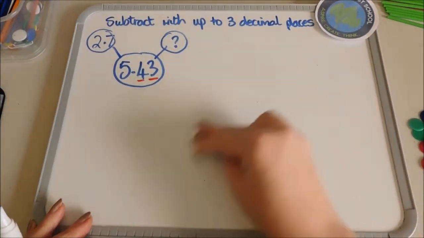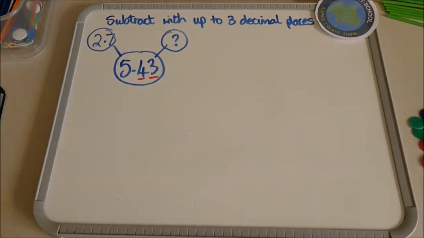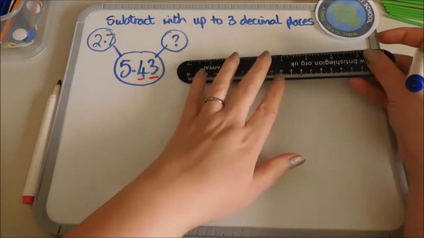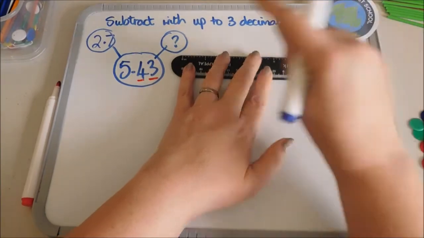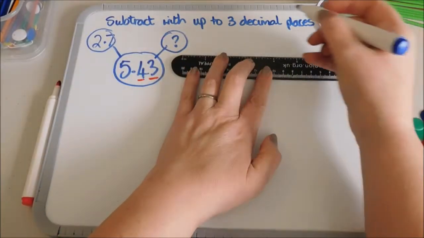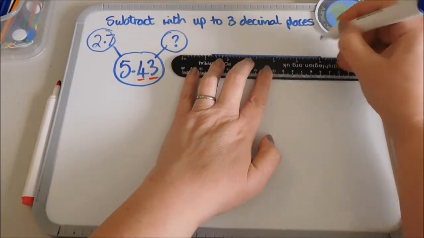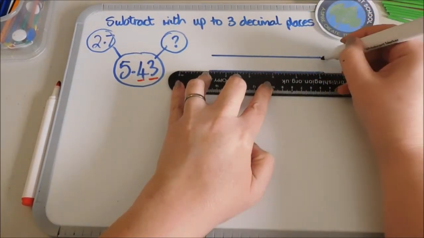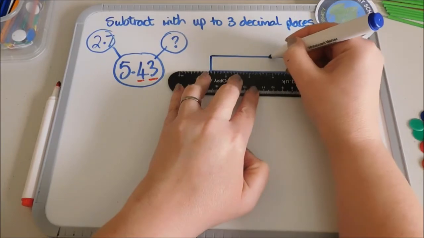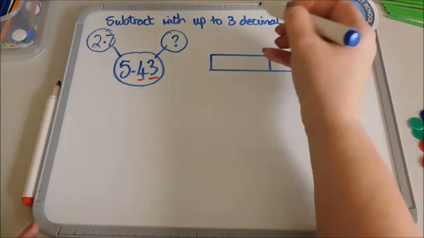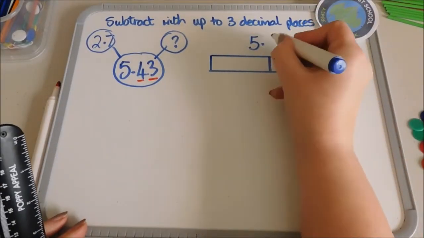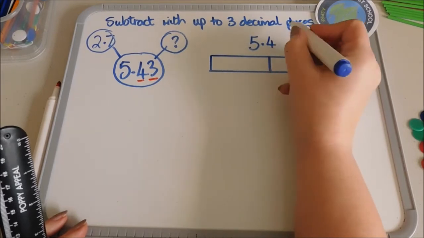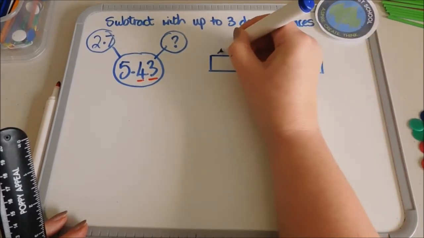5.43. Okay, now children could be shown this number in a variety of ways. One of the ways that they could be shown this is as a part whole model. They can also be shown it as a bar model. So the whole bar is equivalent to 5.43.